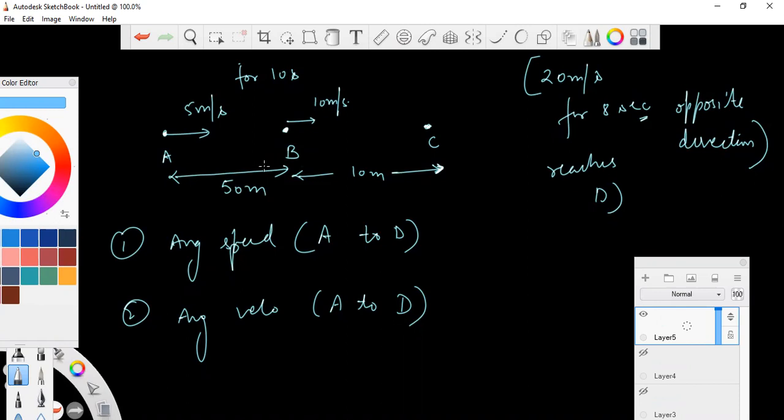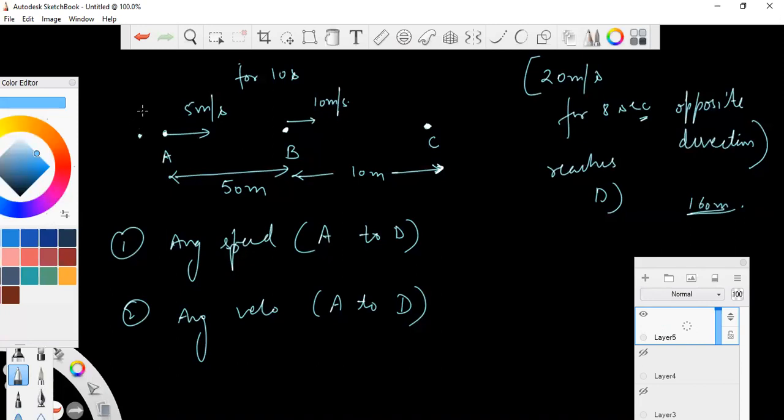Now, if I ask you, when the person starts from C and moves in the opposite direction at 20 meters per second for 8 seconds, how much will it travel? Sir, 160 meters. 160 meters, right? And it is moving in the opposite direction. So C to A itself is 10 plus 50, which is 60.